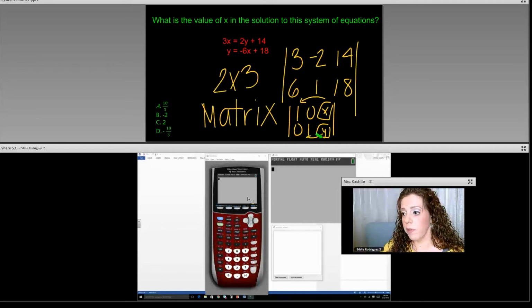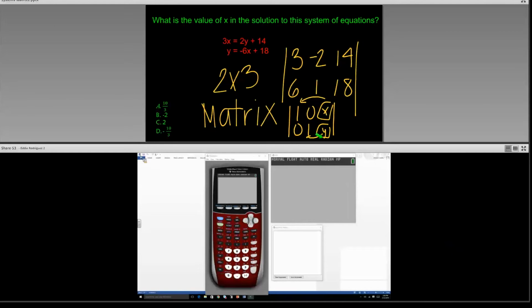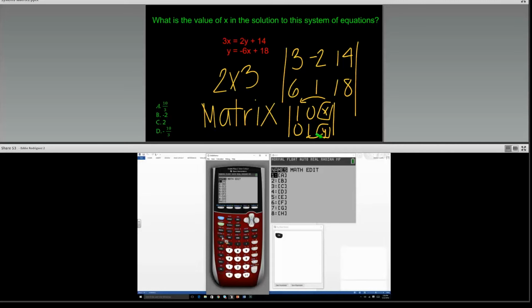Matrix is the fourth from the blue, or 3 buttons below the blue second. So we're going to hit second, matrix, and we're going to do an edit. We're just barely going to create our matrix.